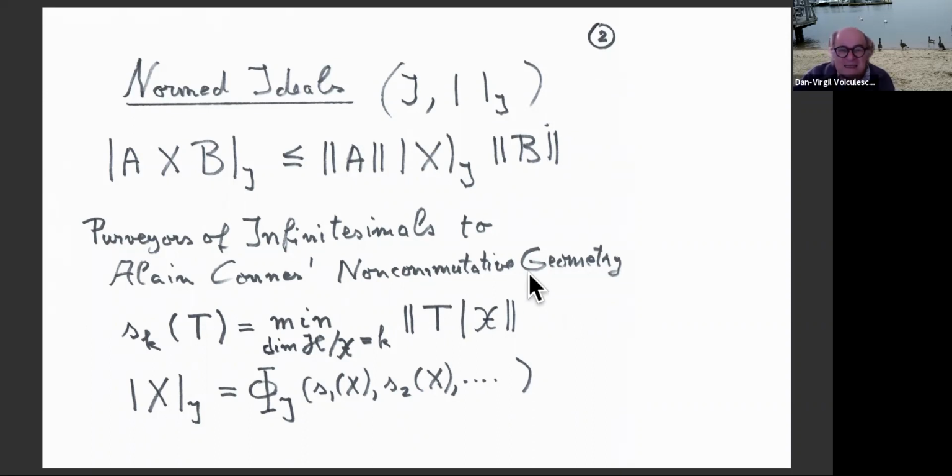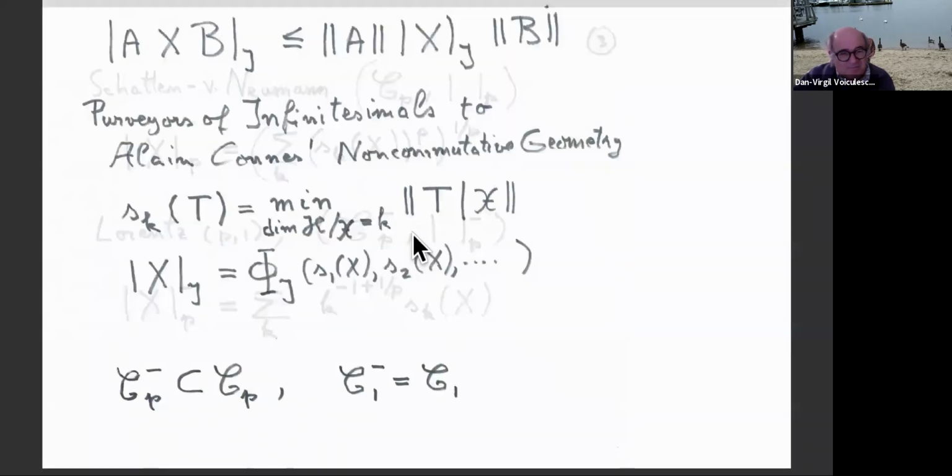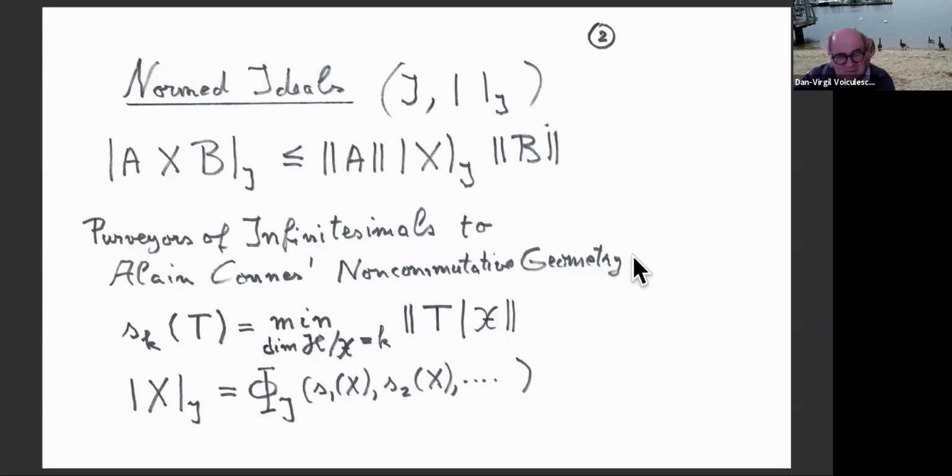So there is I, and there is this other norm, the norm of index I. And we have this key property that AXB, where X is in the ideal and A, B are bounded operators, is bounded by the uniform norm of A, the uniform norm of B, and in the middle, the special I norm of X. I'd like to give a few examples which will play an important role in what I have to say.